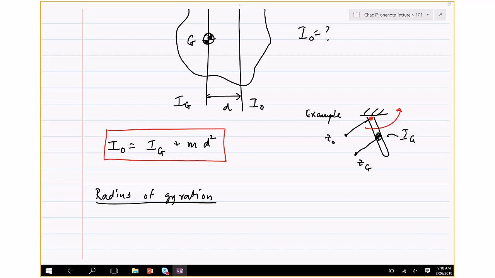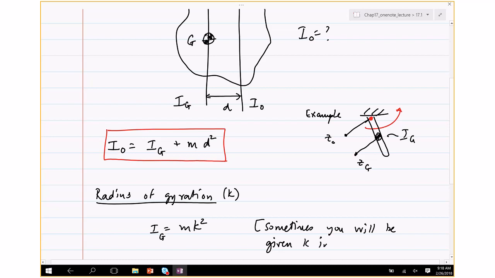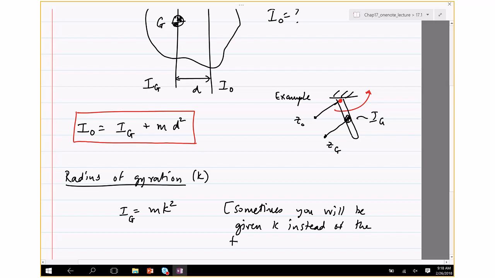So if you're given the radius of gyration, which is denoted by k, then inertia is simply mass times k squared.